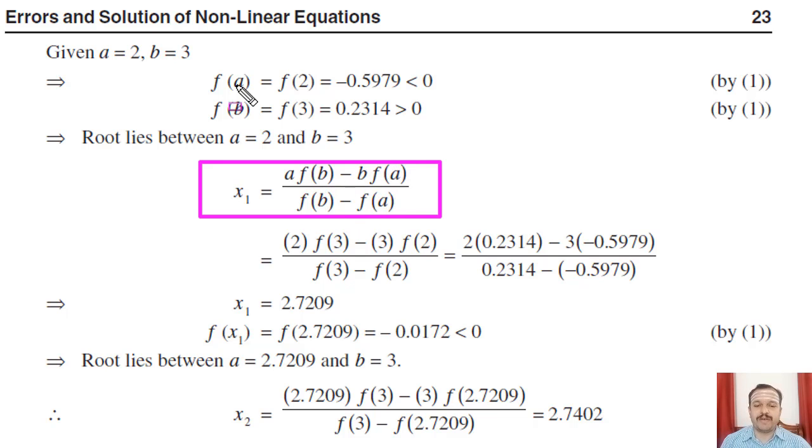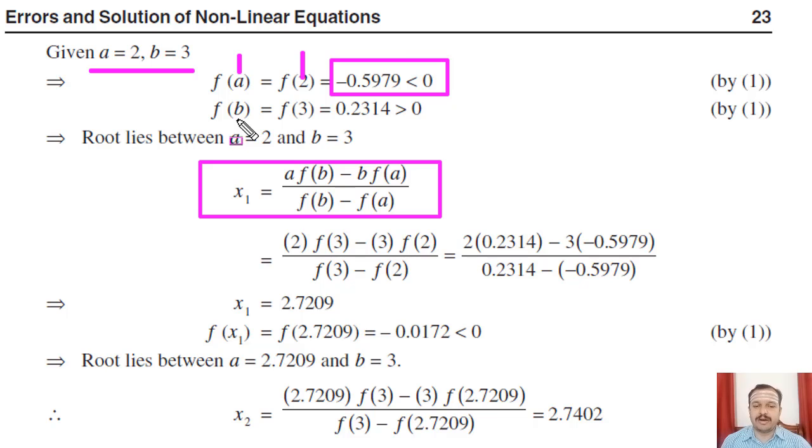The values of f of a and f of b can be obtained by substituting the values of a and b in the expression of f of x. In the previous slide we have seen what f of x is, that is x log x to the base 10 minus 1.2. Wherever x is there, we substitute a. A is 2. So if you substitute 2, you will get the answer as negative 0.5979.